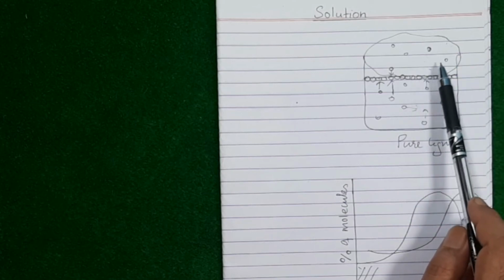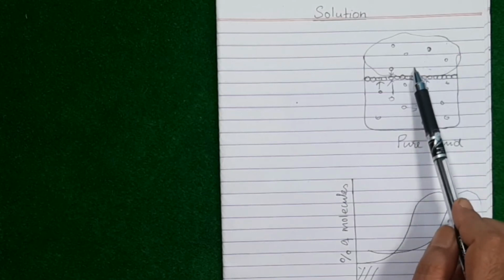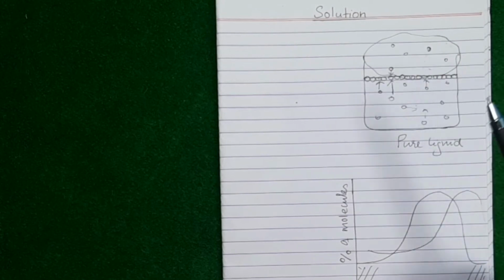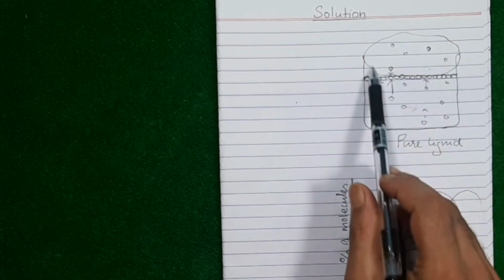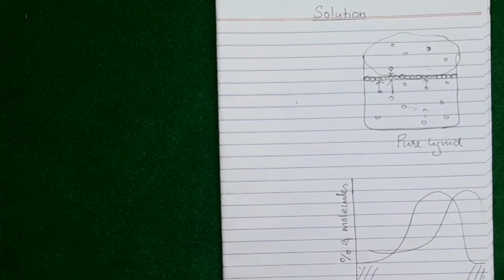That partial pressure of the vapor of the liquid just above its surface is known as the vapor pressure of a liquid. So what is the vapor pressure of a liquid? Just above the surface of a liquid, you've got some amount of vapor of the liquid, and whatever pressure that vapor alone exerts, that partial pressure of the vapor is known as the vapor pressure of this liquid.